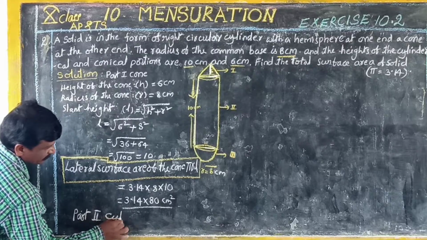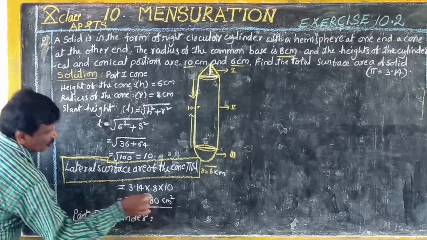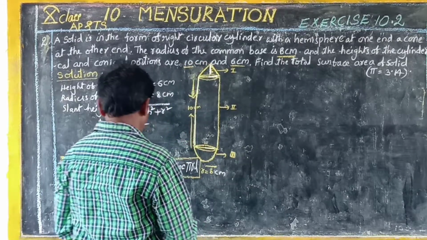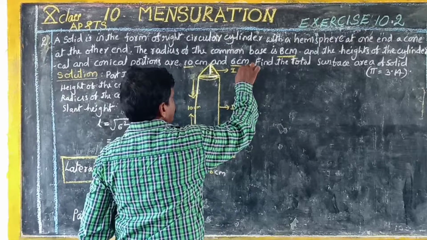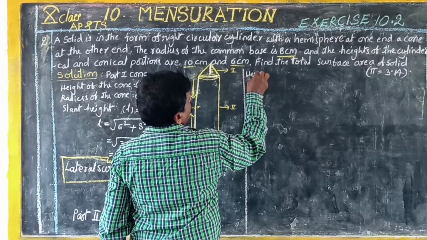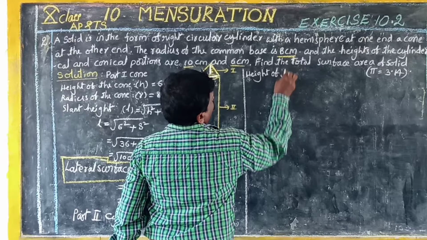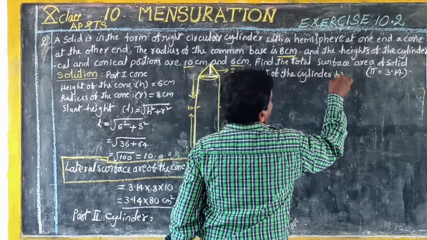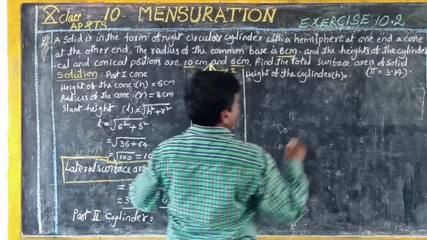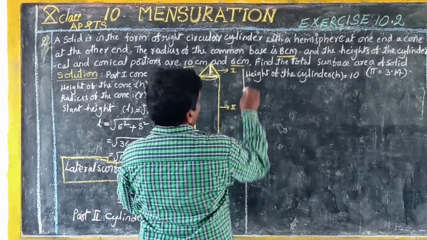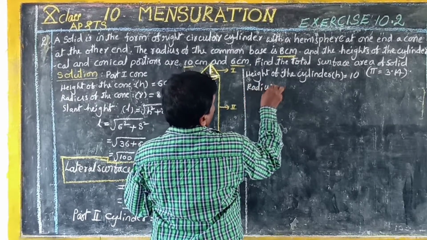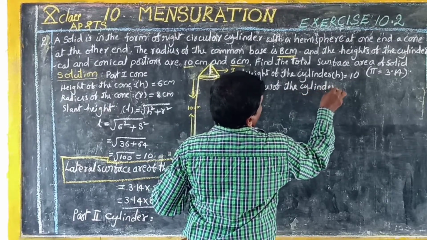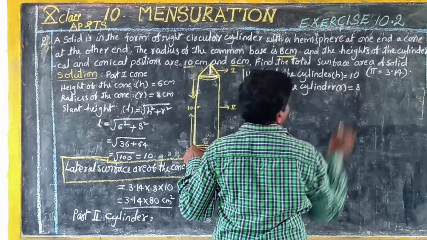Next, part 2 is the cylinder. Height of the cylinder h is equal to 10, radius of the cylinder R is equal to 8.